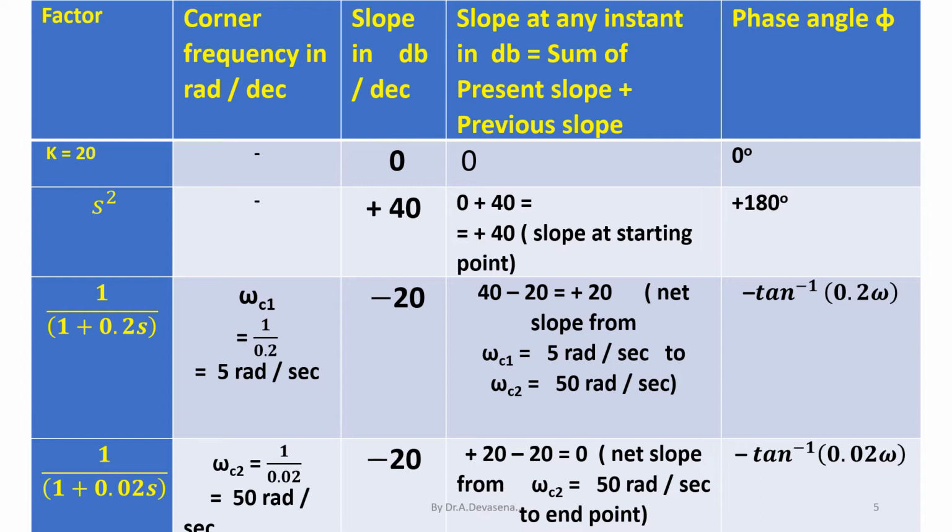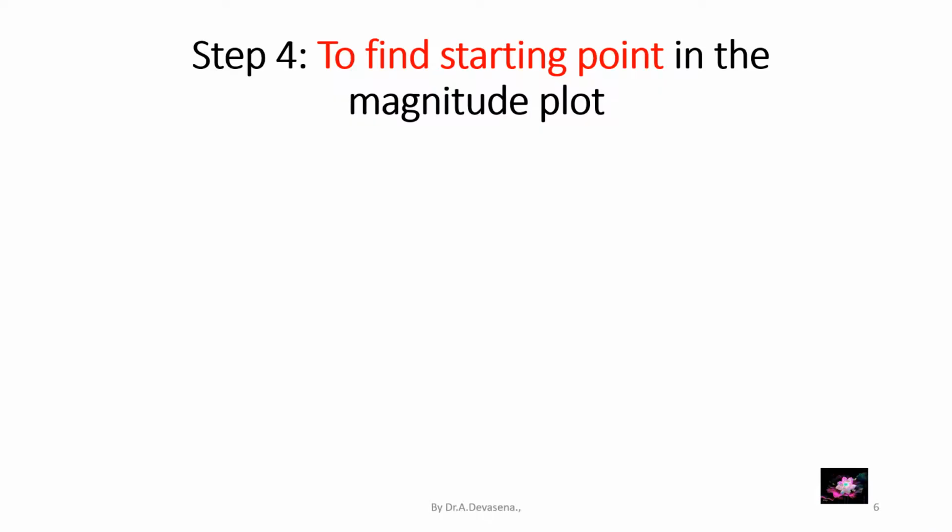That is the net slope from omega c2 equal to 50 radians per second to the endpoint. And the phase angle for this factor is minus tan inverse of 0.02 omega. Step 4. To find the starting point in the magnitude plot.